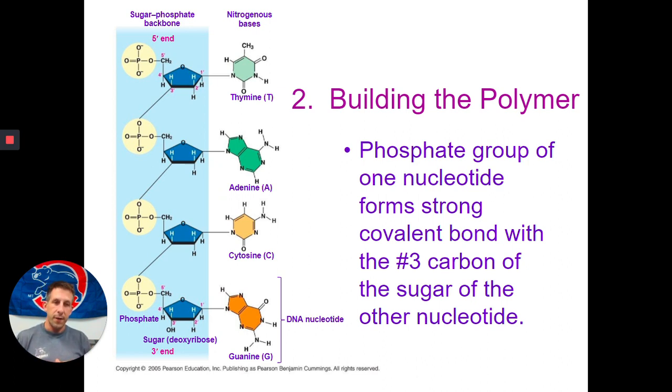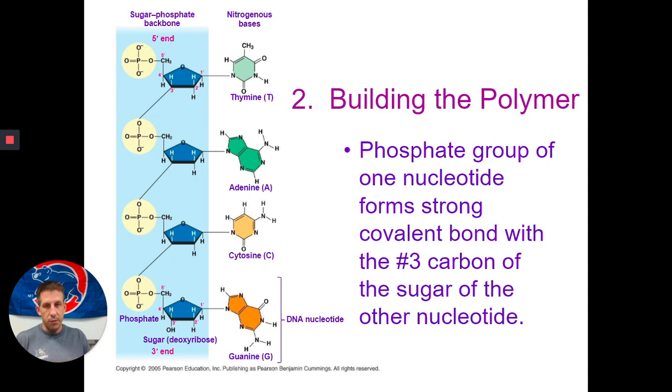Okay? So now that gives us some way of understanding how new nucleotide monomers are brought into and put together with existing nucleotides in a growing strand. The phosphate group of one nucleotide forms strong covalent bonds with the number 3 carbon of the sugar of the other nucleotide.